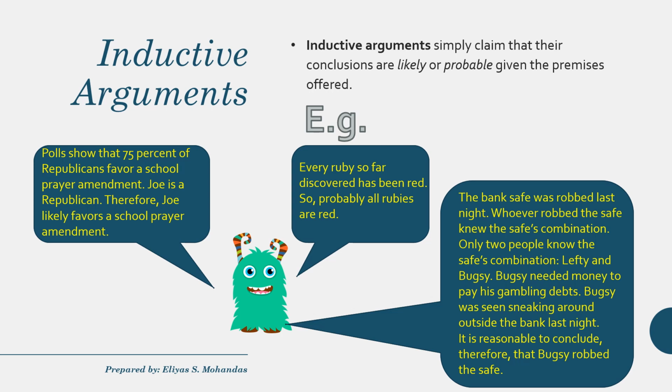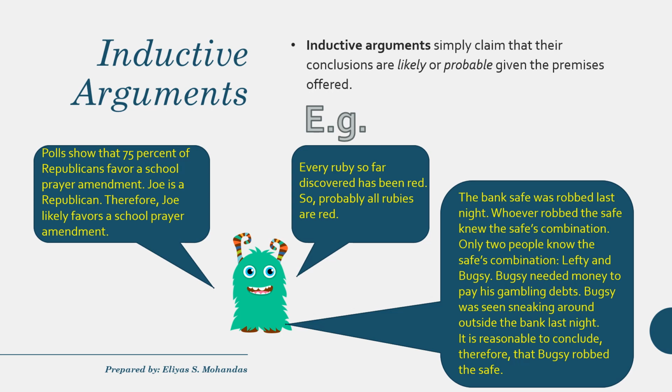Your third premise. Bugsy needed money to pay his gambling debts. Fourth premise. Bugsy was seen sneaking around outside the bank last night. Sixth premise. It is reasonable to conclude, therefore, that Bugsy robbed the safe.